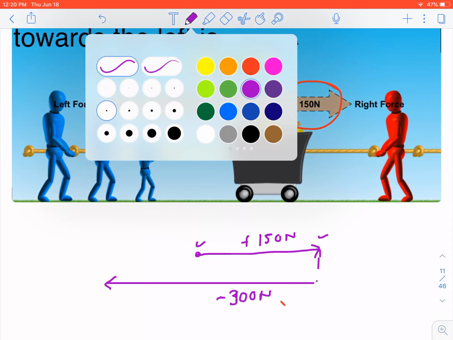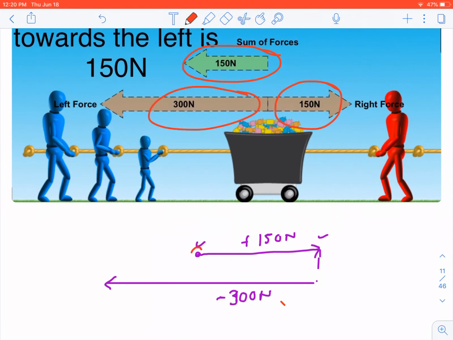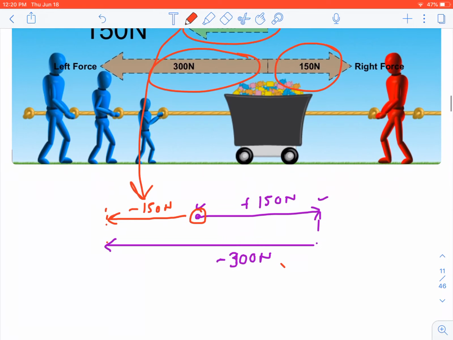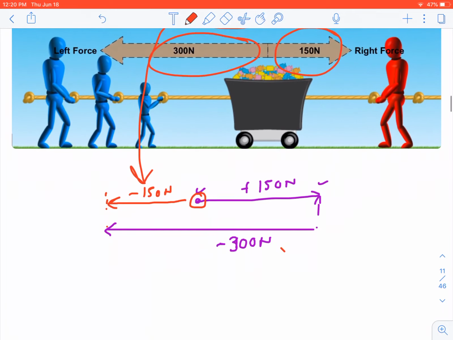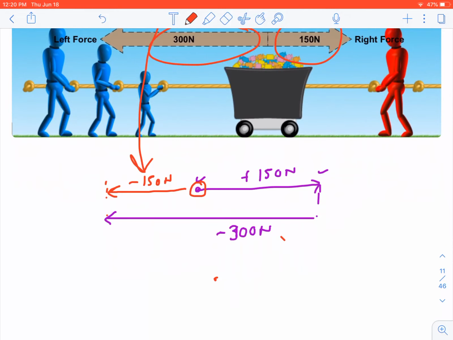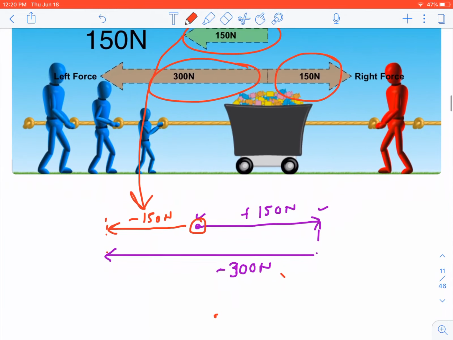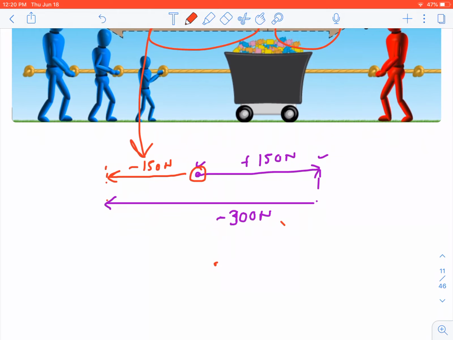The resultant is from the tail of the first to the head of the last, which is equal to 150 newtons in a negative direction, which is what we have here. I chose that, but instead of moving to the right first, we could have even done this first. We could move 150.